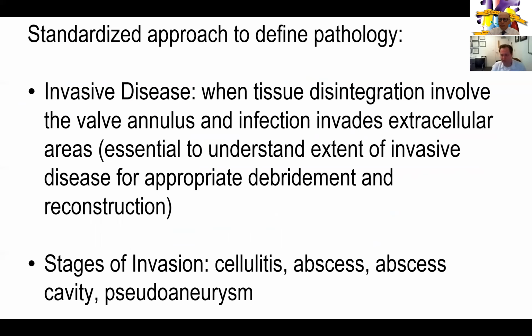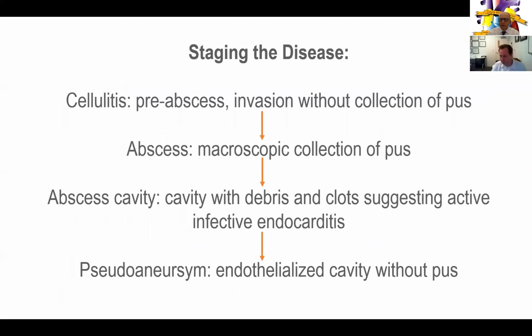So we're going to define invasive disease as when tissue disintegration involves the valve annulus and infection invades extracellular areas. So this is essential to understand the extent of the invasion because it does, for the surgeons, inform appropriate debridement and reconstruction approaches.